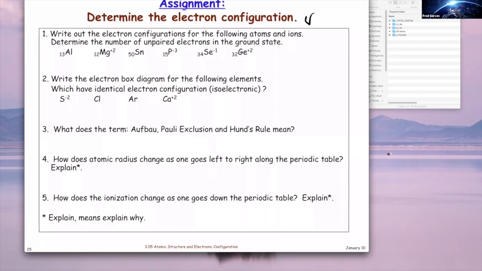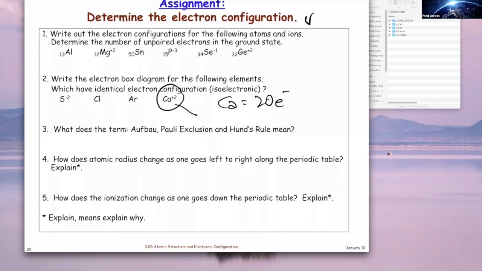Okay. One other suggestion, when you're trying to do the electron configuration of an ion: if you take a look at calcium, calcium has a total of, let me find my book real quick, I think 20 electrons, okay?